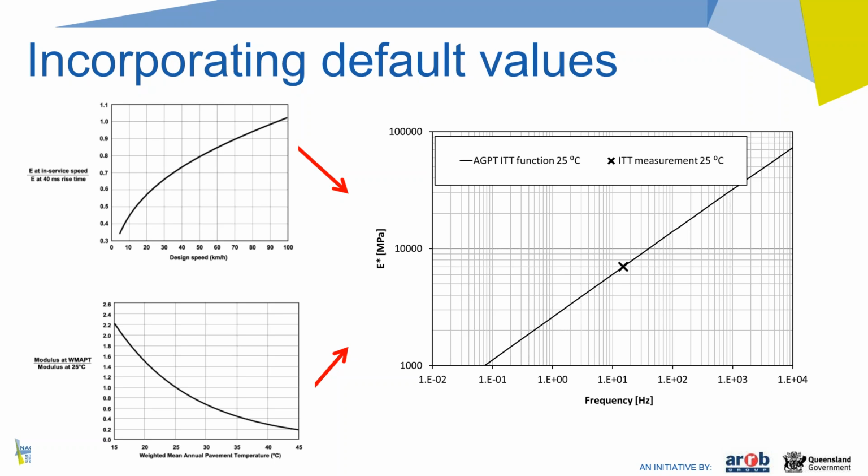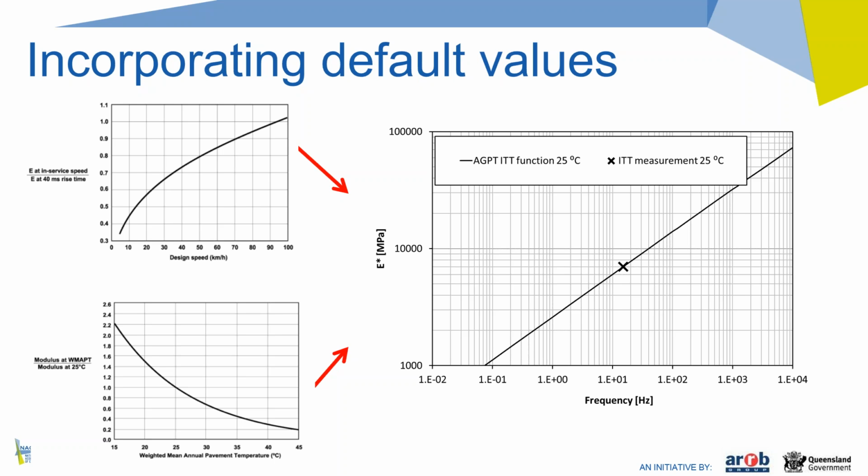So if you take those two equations from Austroads on the left, you can actually combine those into a single master curve, and the graph on the right shows you what happens then. So you get a straight line, and the cross indicates where your resilient modulus value would be. So it is possible to use the current Austroads default values and turn them into a master curve.